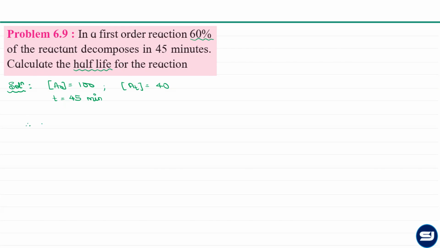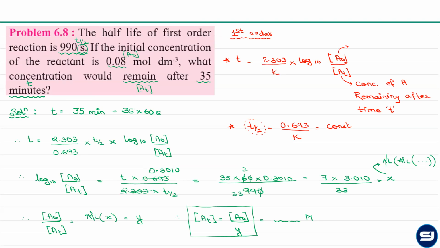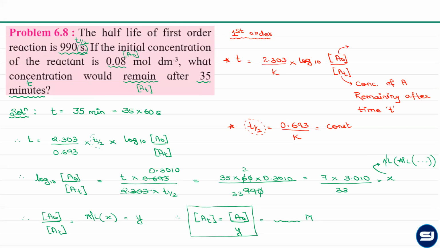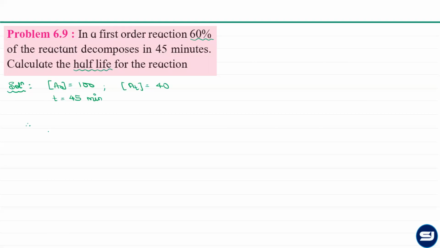Now once again, what I'll do is take these two equations and now in the same equation I have to find the half life. ये वाला ढूंढना है, right? So T is equal to 2.303 upon 0.693 into the T half into, पहले log को आप solve कर लो अलग से. तो log अपना है A0 by A which is 100 by 40.